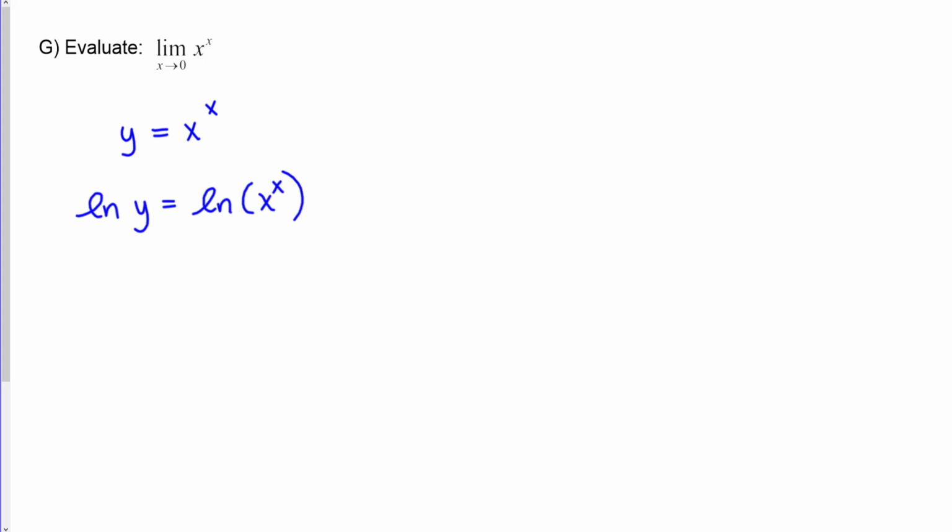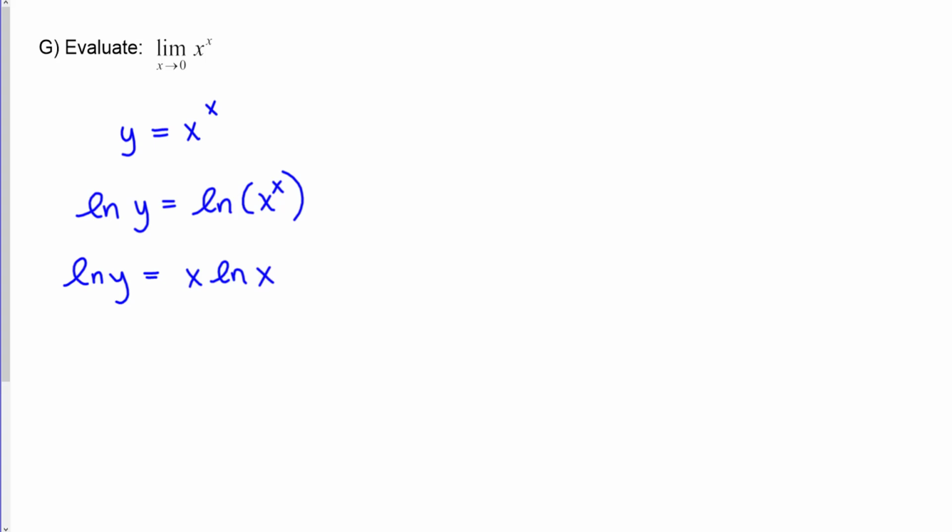You can do that for any equation. And the reason I'm doing it here is because I can now use properties of logarithms to say that the exponent of x can be a multiplier on my logarithm. Okay, that's very nice. Now, I might be able to do something with that.